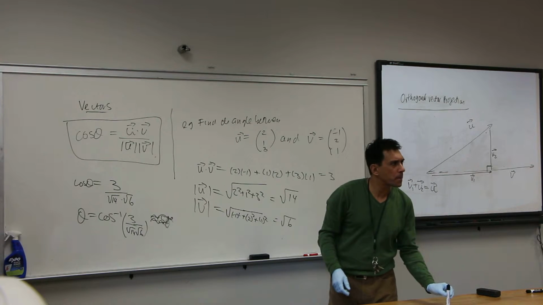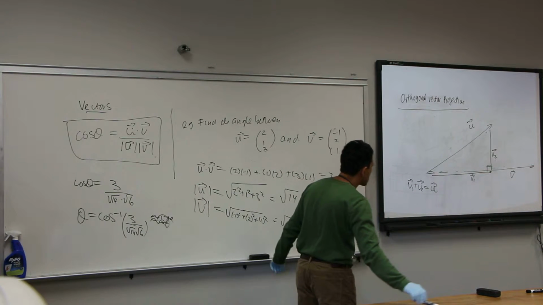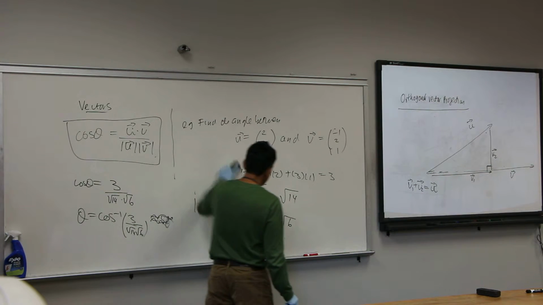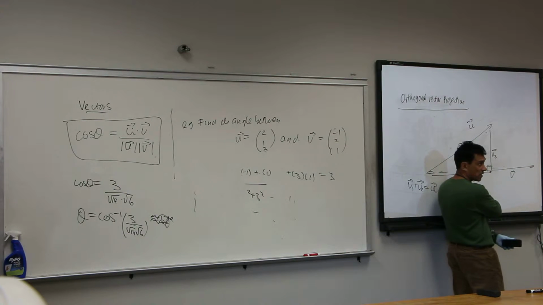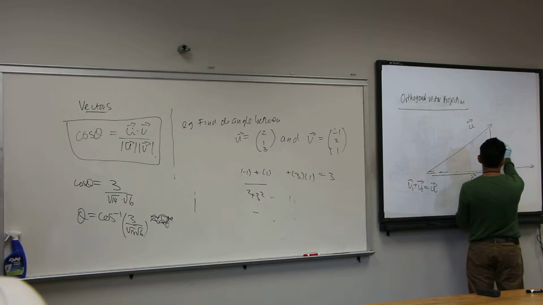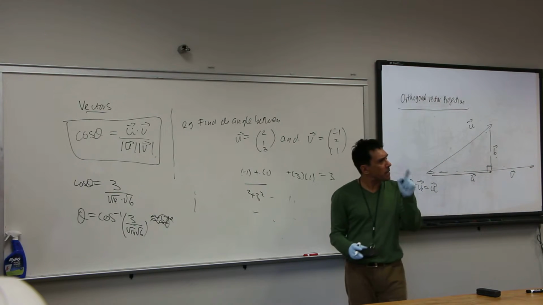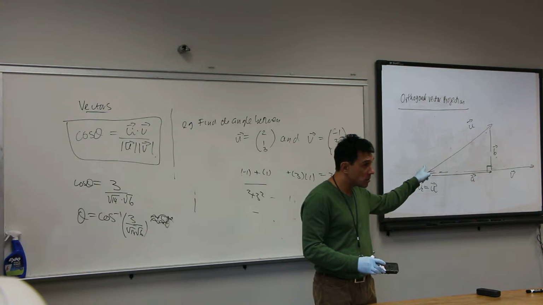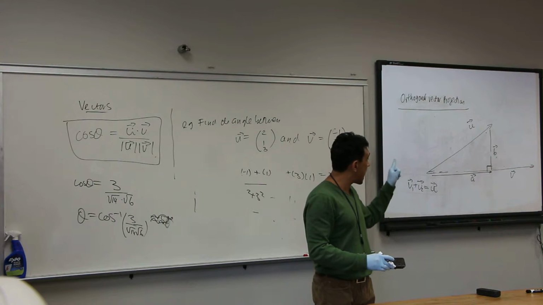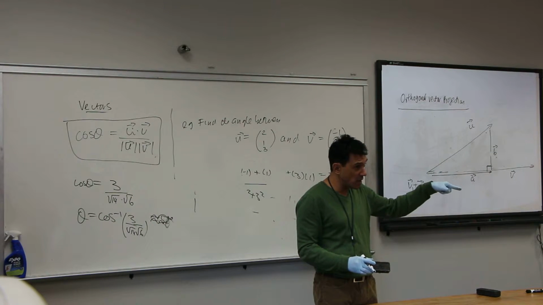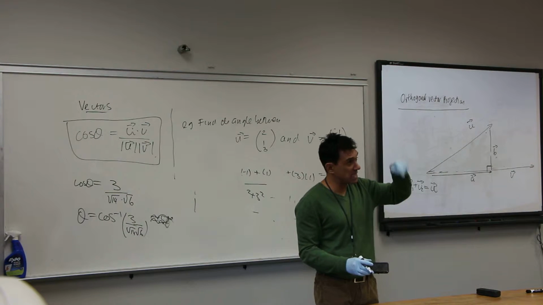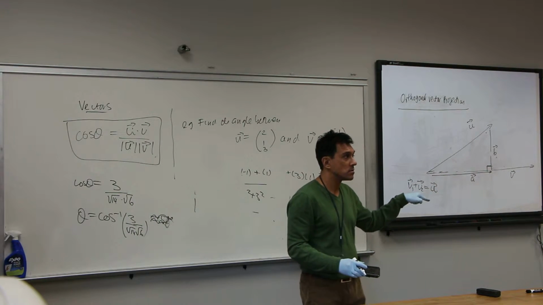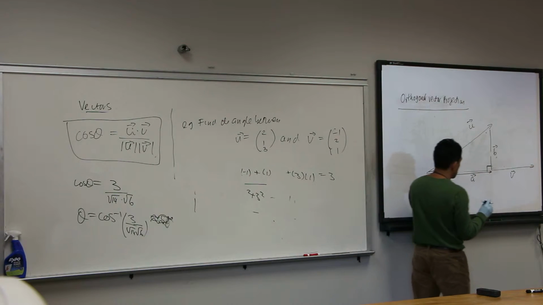And how do we do it? Well, I'm going to call this one A, vector A, and I'm going to call this one vector B. What I want is A plus B to equal U. I want A to be in the direction of V, but most important, I need B to be perpendicular to A. That is the most important.